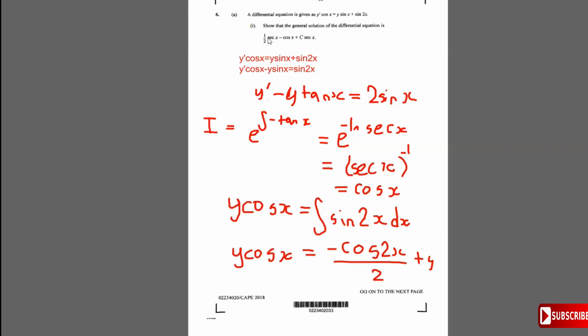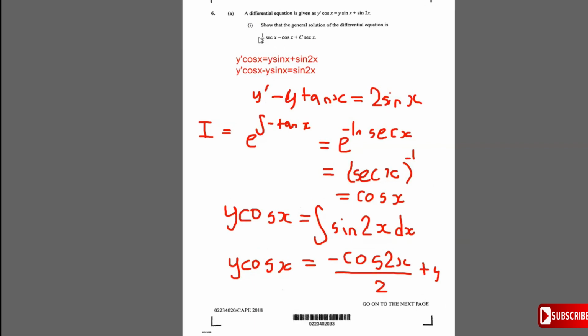Now we need to show that the general solution of the differential equation is y equal to a half sec x minus cos x plus c sec x. So we need to get rid of this cos 2x over 2.